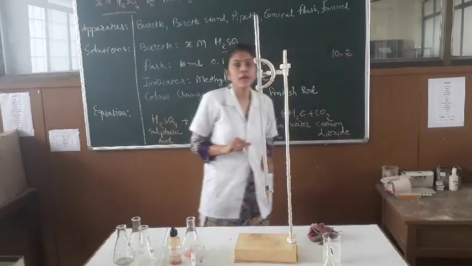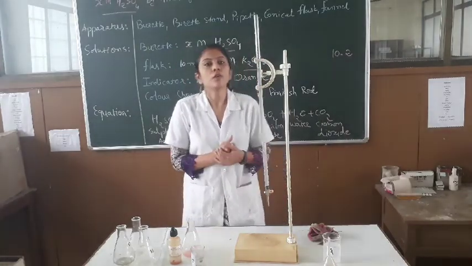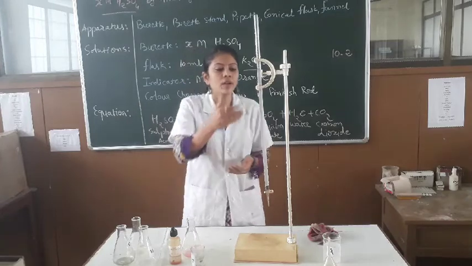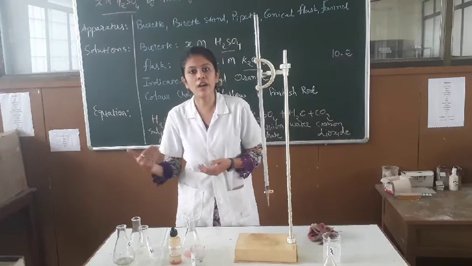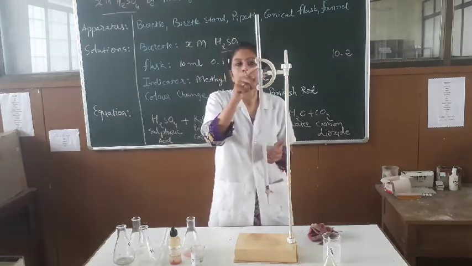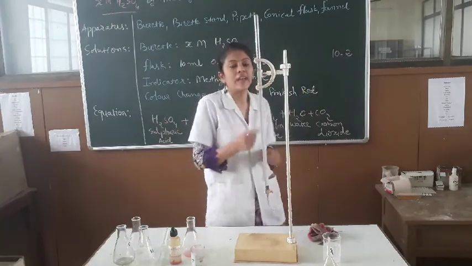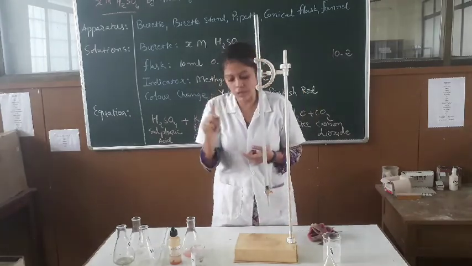What is the new way to take readings? In the previous video, you have to remember that every time I continued from the first reading, second reading, third reading. Now here I will do, our first reading is 10.2. Then I will fill up this burette from 0 again.